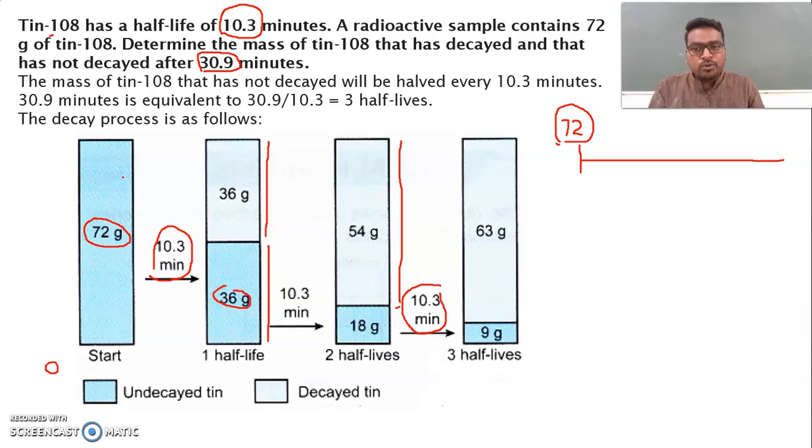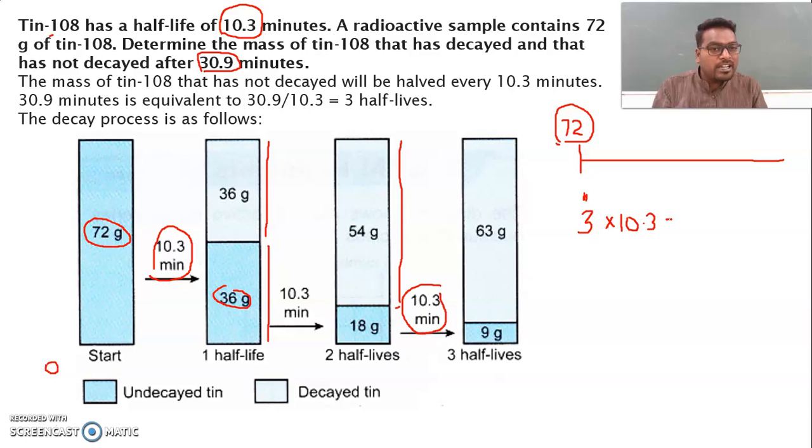To convert this 72 gram to 36, it takes 10.3 minutes. Further, this 36 gram reduces to 18, again it takes another half-life. Again 18 gram reduces to 9 gram, it takes another. Totally it takes 3 half-lives. So this is nothing but n. What is the 1 half-life? That is 10.3.